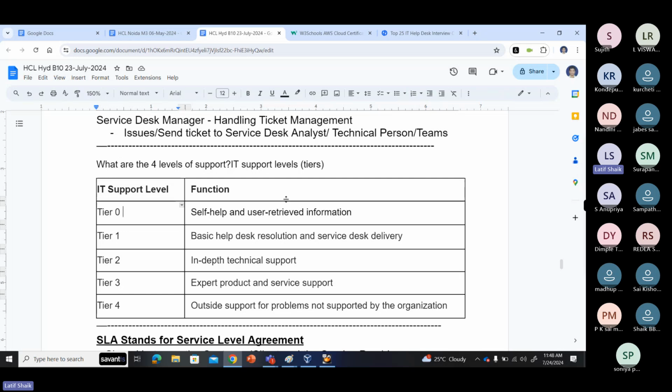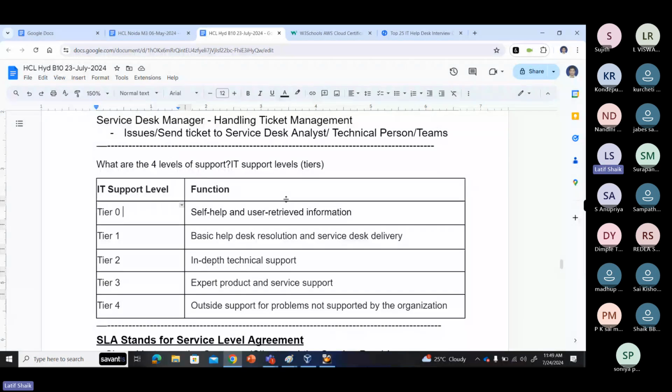L2 is tier 2 service desk support. Once you gain experience of about 1.5 years to 2.5 years, automatically, based on your experience, knowledge, and specific domain knowledge like Windows servers, Linux, networking, or cloud computing, in a specific domain or in multiple domains, you will be in the L2 position.